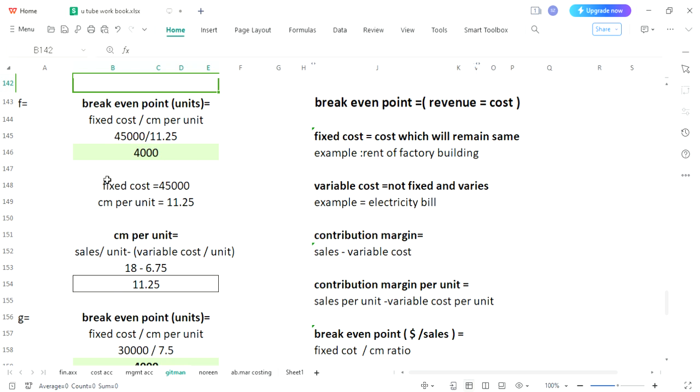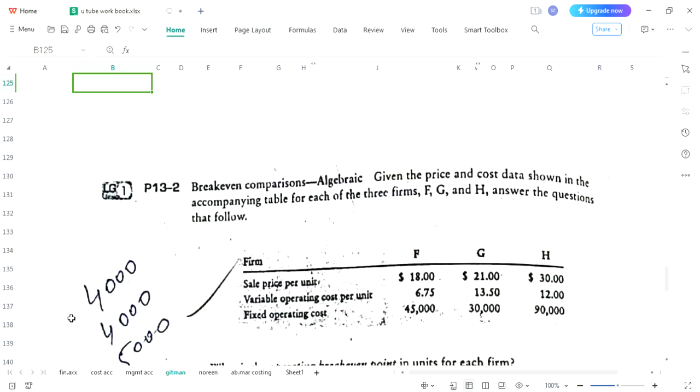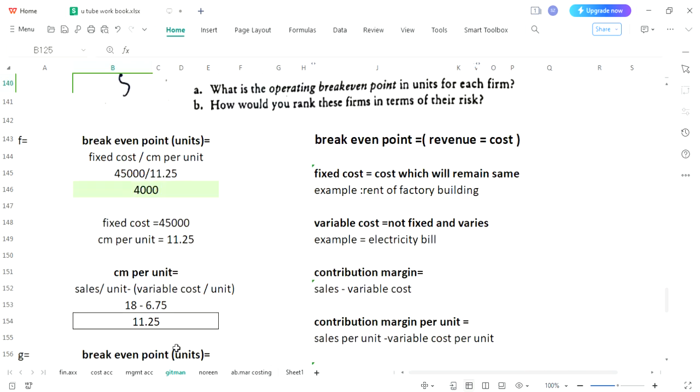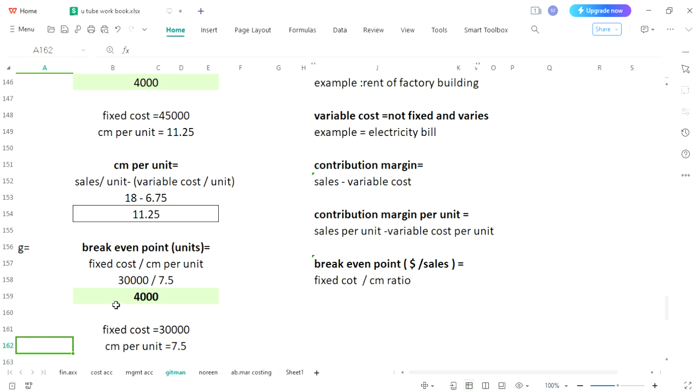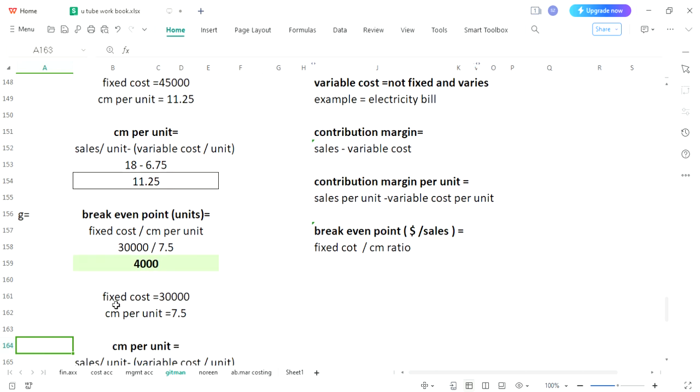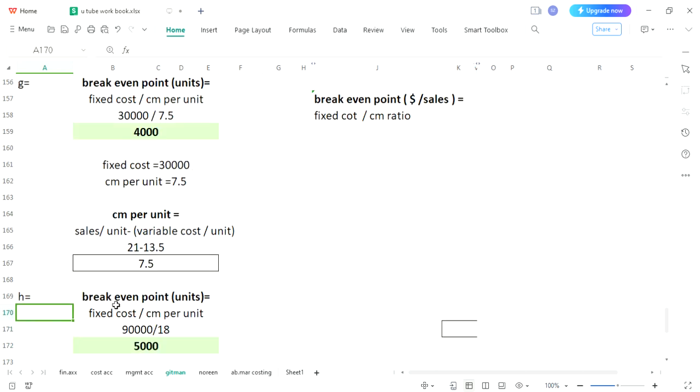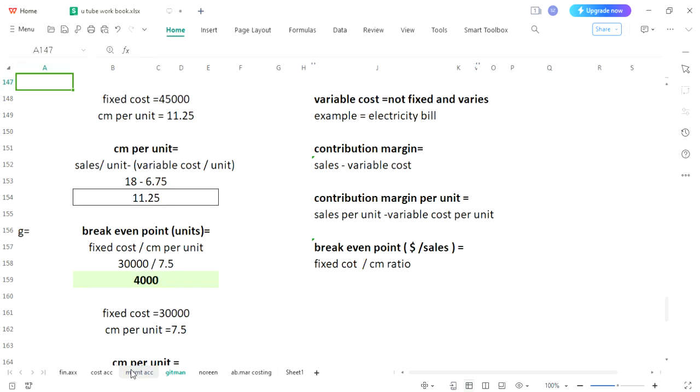I am reviewing it. You were having F, G and H, and three answers 4,000, 4,000, 5,000. Here is your first firm F, you have 4,000. Second firm G, and you have 4,000. Third firm H, and answer is 5,000. So 4,000, 4,000, 5,000 answers are completed and reviewed and matched as well.